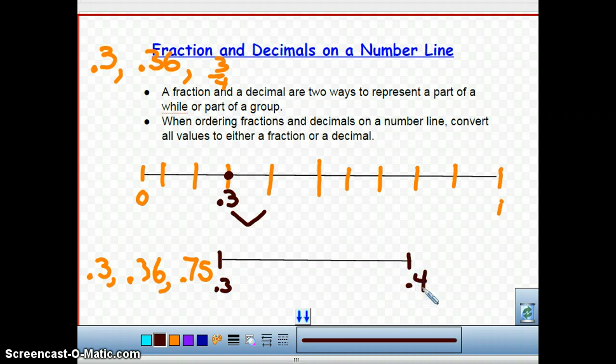What do we know about adding zeros with a decimal? Can I add a zero here? And can I add a zero here? Sure I can. Zeros don't change the value. So now instead of 3/10, I have 30/100ths, and I have 40/100ths.